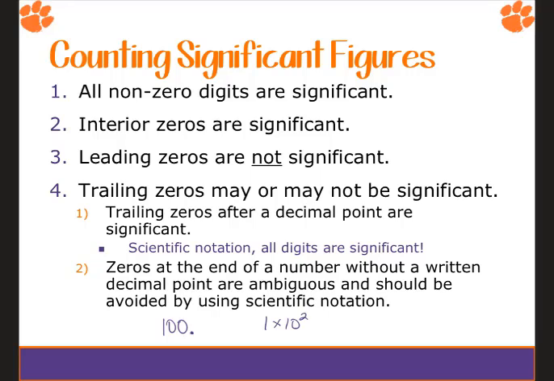So you could say 1 times 10 to the 2 if only the 1 is significant, or 1.00 times 10 to the second if all 3 are supposed to be significant. And just a sidebar, in scientific notation, all of the numbers that show up in the coefficient, that number before the times 10 to whatever power, are significant.